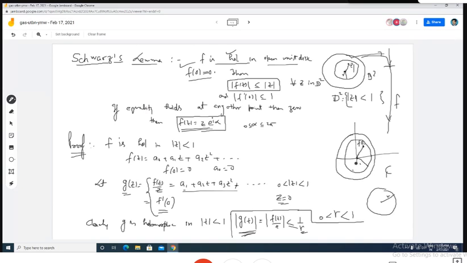Now as you take r towards 1, r approaching 1, what will happen? Letting r tend to 1, this right hand side approaches 1, so this modulus of g(z) will be less than or equal to 1.